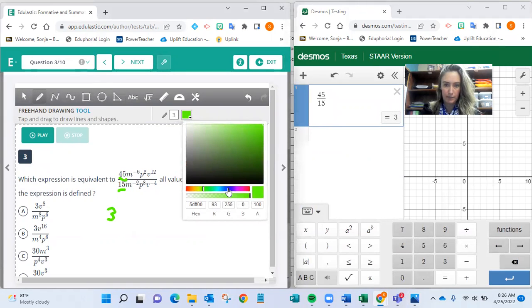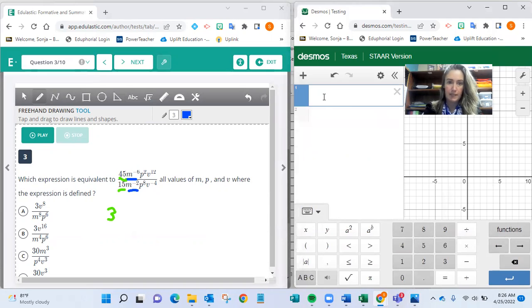Then I could take care of my m's. So I have -6 divided by m to the -2. When that happens, I have to subtract. So -6 minus -2, which is -4.